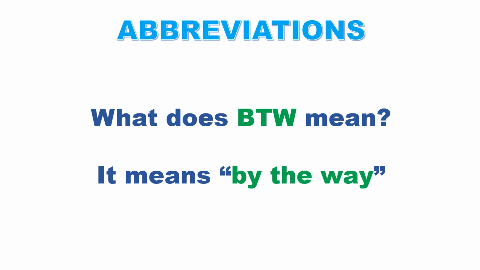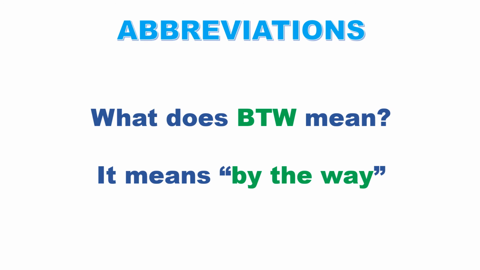All right. What about BTW? Oh, BTW, it means by the way, okay? This is the one that I used when I talked to you about the question, what does something stand for? I wanted to add the information that stand for equals represent. So I said BTW, stand for equals represent.